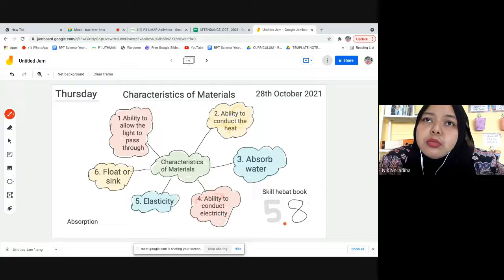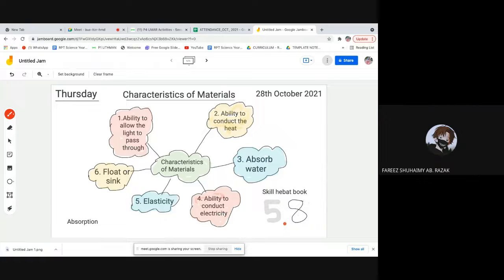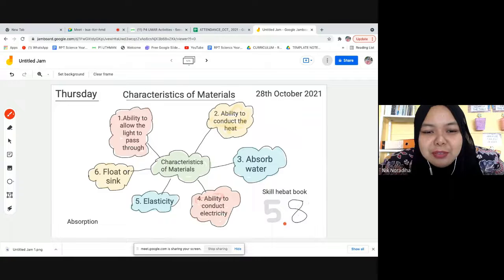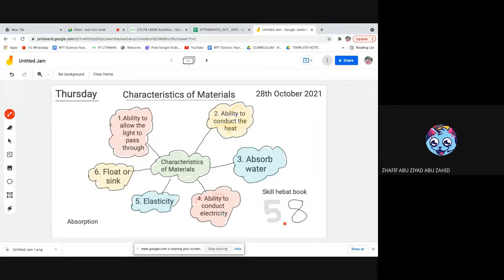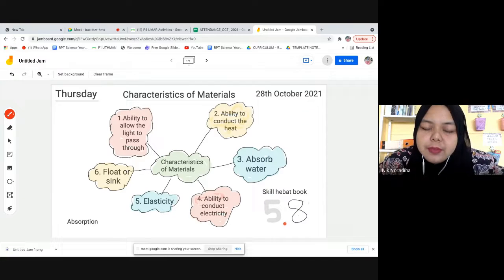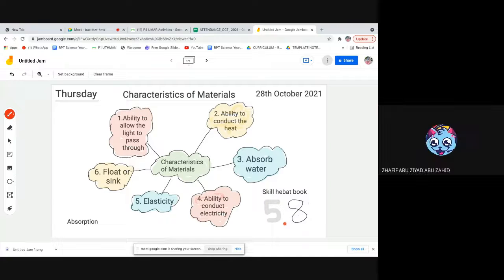When you come to school next month, will you guys come or not? I'll come if I have to. Teacher, this Sunday I want to go back to my hometown. If you have to come to school, teacher wants to see you. Hasif and Zafif are going back to your hometown? Yeah, tomorrow.